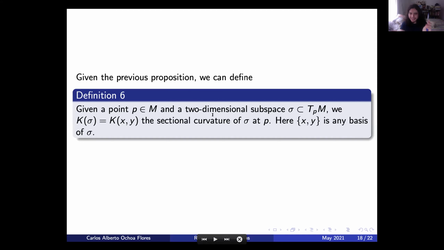From a certain sectional curvature, we can construct or determine the curvature tensor completely.